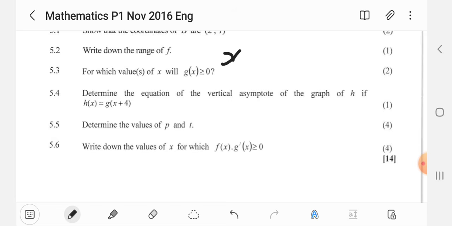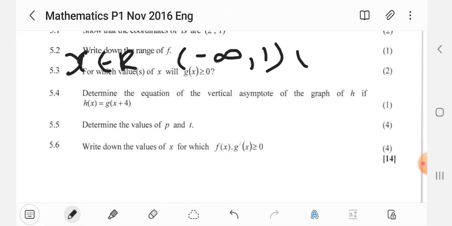Is when x... we can even write it like this: from negative infinity to 1. Yeah, we'll say x is an element of the real numbers. This is where, and to positive infinity. So this is for the x, and this is for the y.